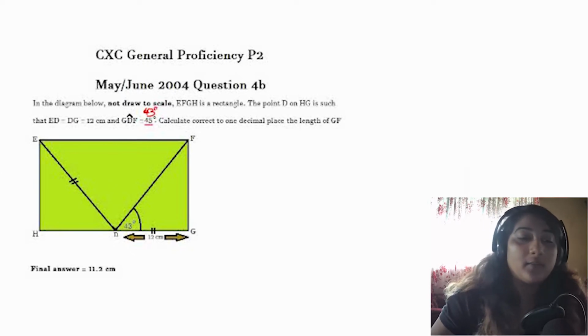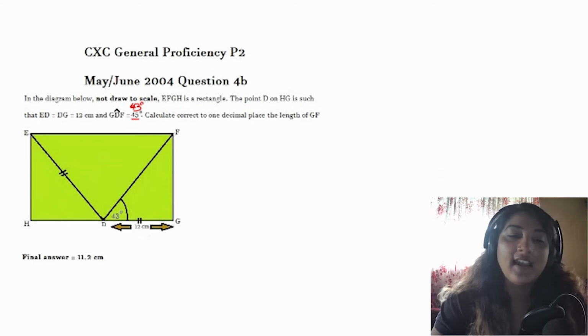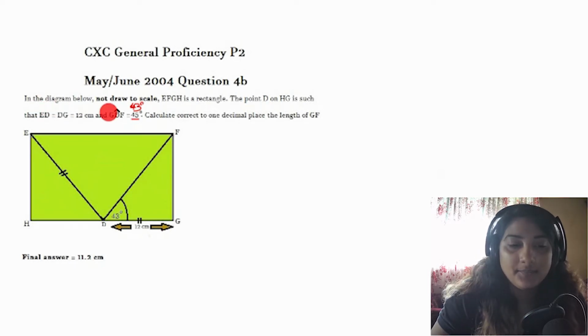Now, in this particular question, you'll notice that we have a rectangle, EFGH, but if you look within the rectangle, you'll notice that it's subdivided into three parts. Now, let's take a look at the information that they've provided for us in the diagram below, not drawn to scale. EFGH is a rectangle.